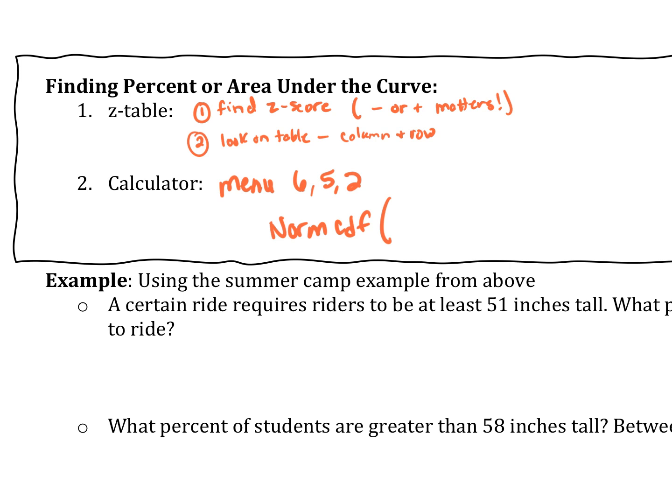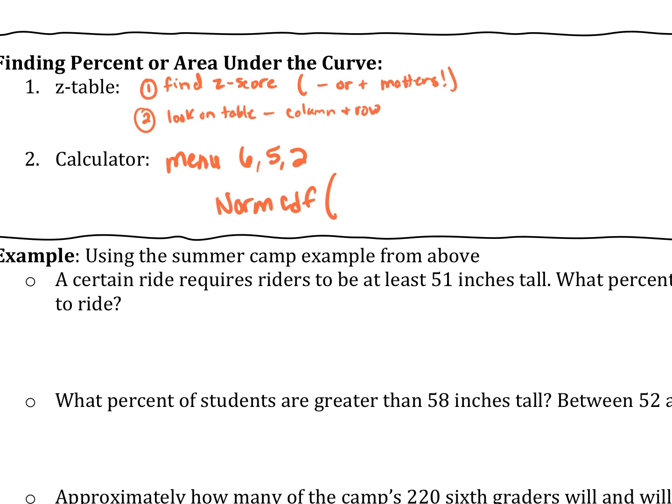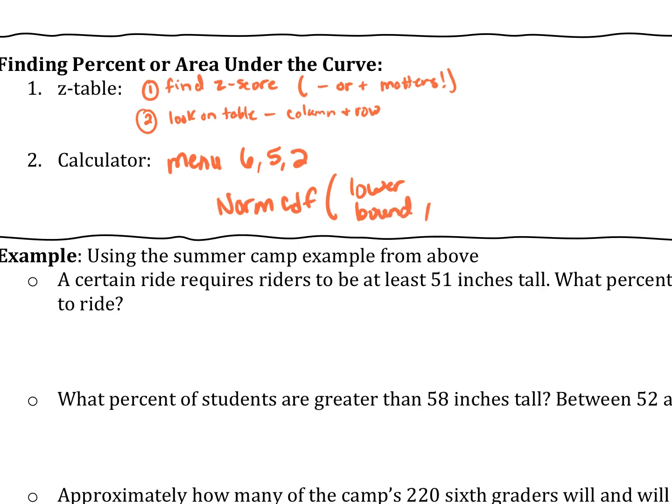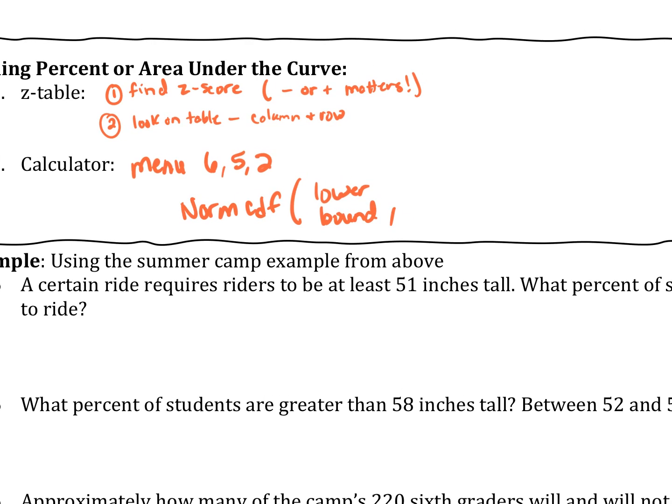Okay. So for the calculator stuff, did everybody get their menu 652? What you're looking for is that norm CDF. The way this is written is you put your lower bound and then you put your upper bound. Old calculators had a different format where it was all one long expression.